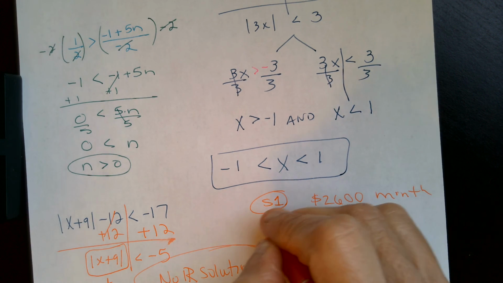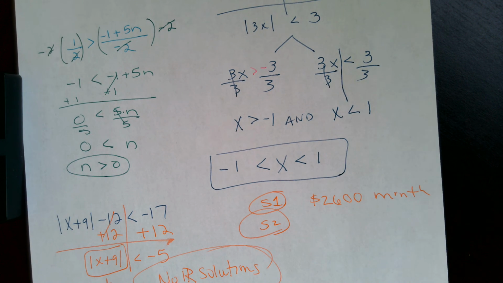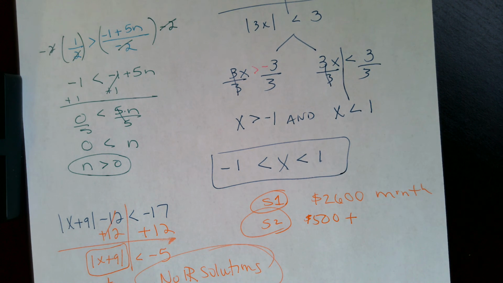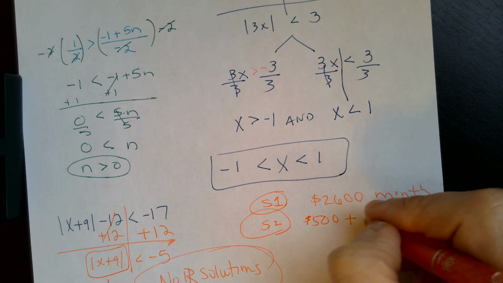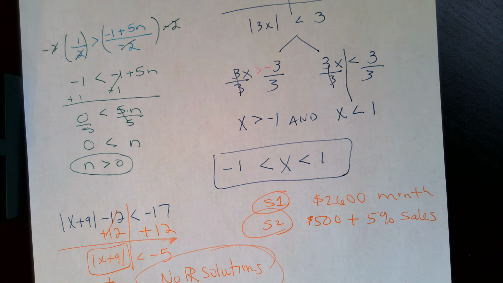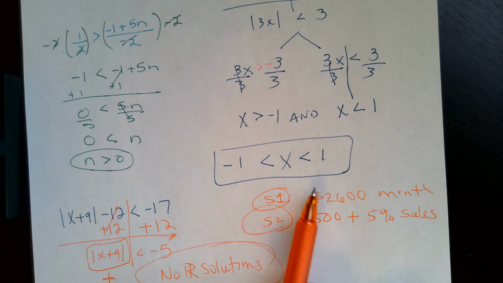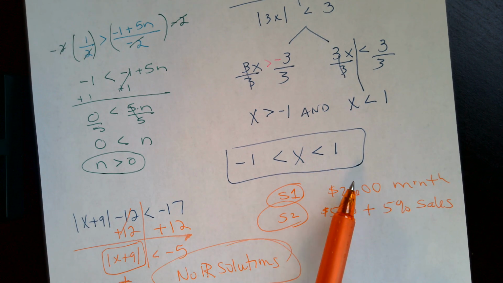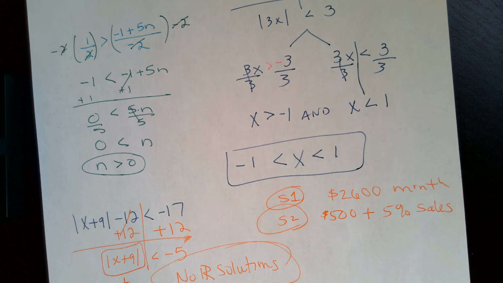And salesperson 2 is going to earn $500 plus she's also going to get 5% of the sales. So whatever they sell that month, she's going to get 5% of that. And I say, okay, well, what amount of sales would the second person need to earn to be more than the first? That's the question. What amount of sales would be needed for this person to earn more than this person? Pause the video and try it.